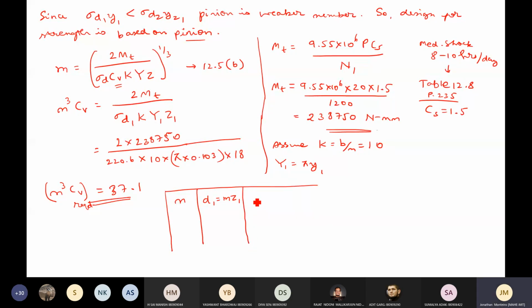Then we have v, which is in fact v1, pi d1 n1 by 60,000, because we are trying in meters per second. This is in mm, this is also in mm, but here we are converting to meters per second, so that CV value will be chosen based on how many meters per second, and then finally m cube CV. The same table will put here.